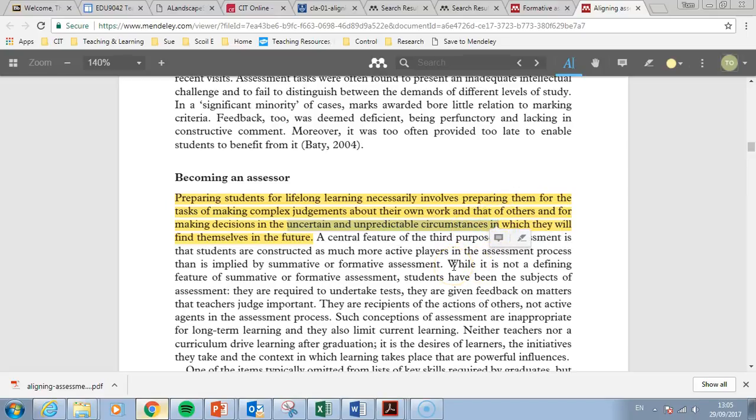So to me, his views around what's important in terms of lifelong learning and independent learning seem to be at conflict with some of the things that we're doing in higher education.